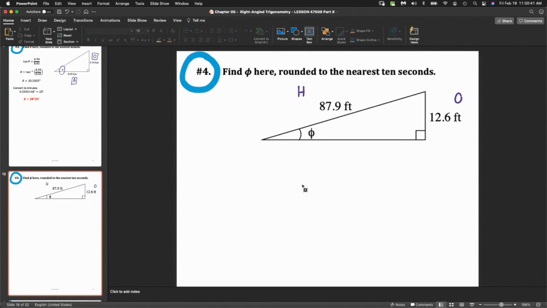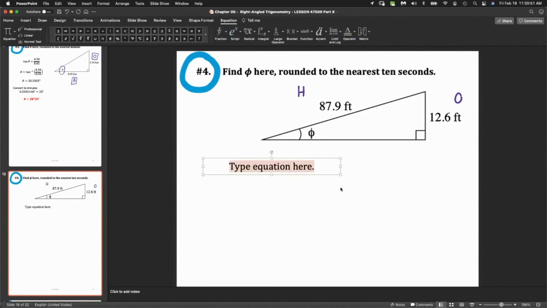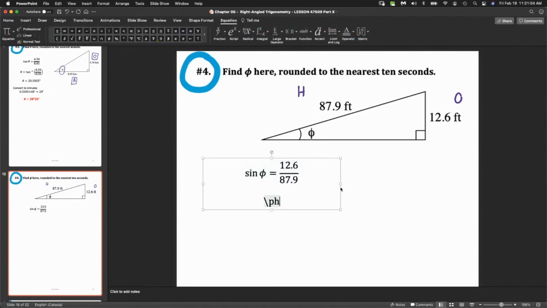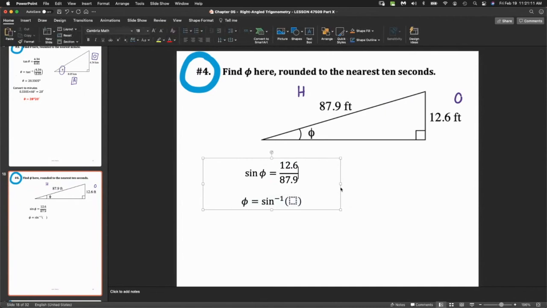Sine, cos, or tan? Any thoughts? Yeah, sine is correct. So sine of this Greek letter phi, we've seen phi before, is 12.6 over 87.9. So then phi is equal to sine inverse of this.